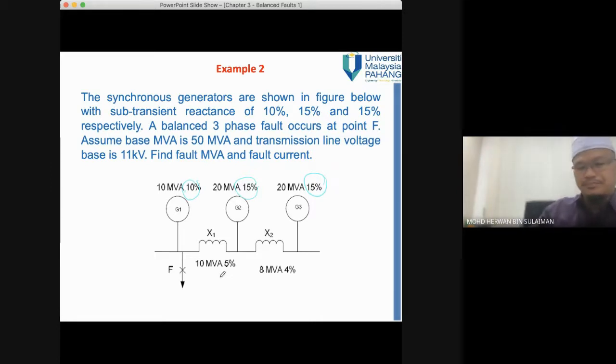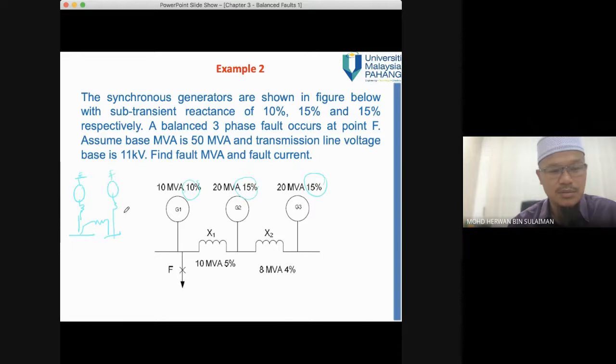So apa boleh buat? So biasa saya akan buat source impedance, and then ada segi impedance X1 X2 X1 X2. Okay, and then ada impedance fault dekat sini.